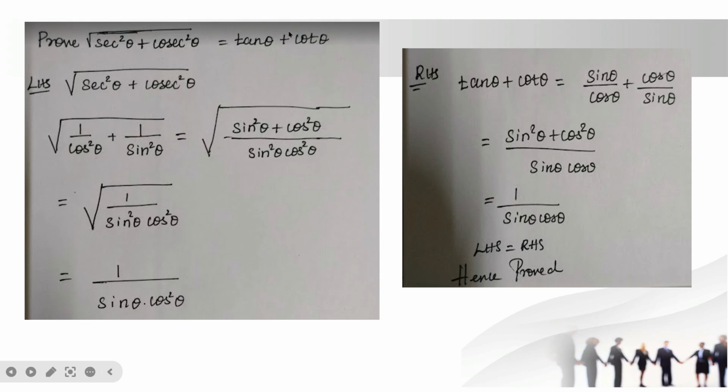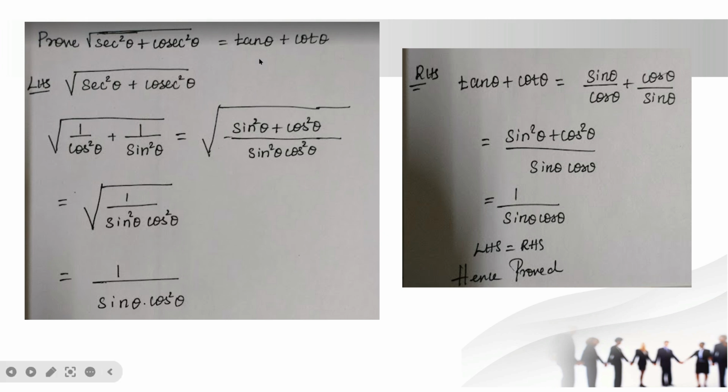This is the LHS simplification. Now we have to simplify the RHS. Tan theta you can write sin theta by cos theta. Cot theta you can write cos theta by sin theta. When you cross multiply, sin square theta plus cos square theta by sin theta cos theta. This will be 1 by sin theta cos theta. So LHS equal to RHS.